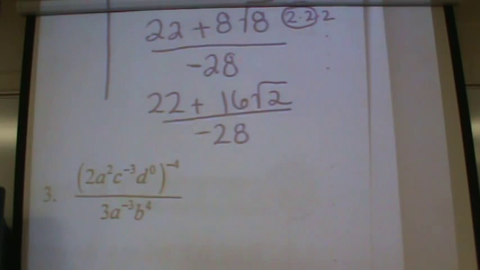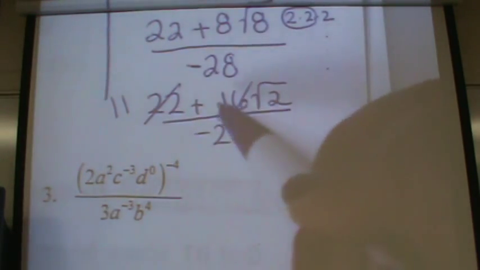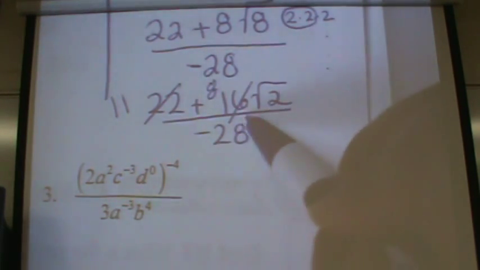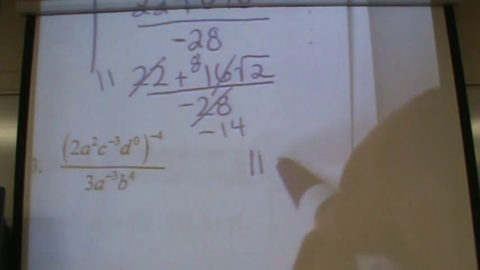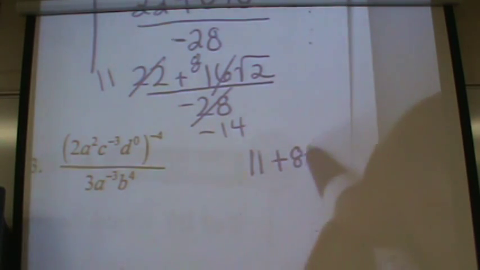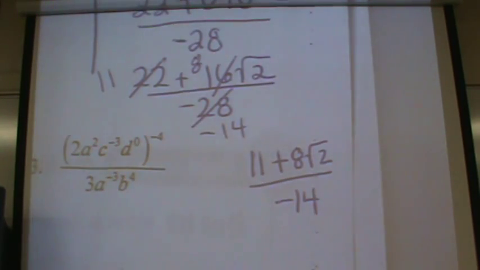So 2 goes into this 11 times, 2 goes into this 8 times, and 2 goes into this would be negative 14. So your best answer for this one is 11 plus 8 root 2 over negative 14. This is one of the more challenging ones.